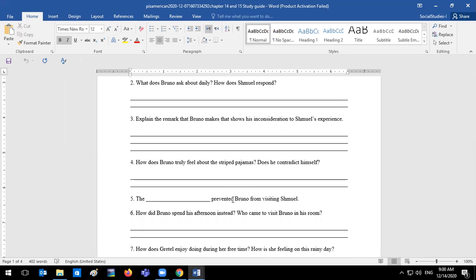And he tells her, he makes a comment that says, I should be with Shmuel right now. And of course, this is a big mistake. He says it abruptly. And abruptly means he says it quickly without thinking, meaning that he said something that he shouldn't have said.